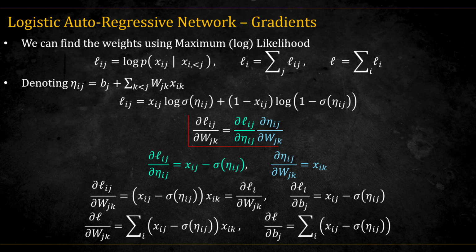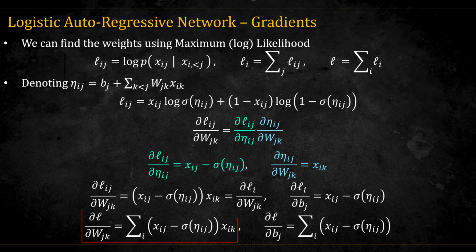We can calculate the gradient with respect to a single weight using the chain rule for derivatives. The first term can be found rather easily to be equal to this, and the second term is equal to this. The full derivative is equal to the product of these terms, and since we have different weights and biases for each conditional, this is also the derivative of the whole ith log likelihood.